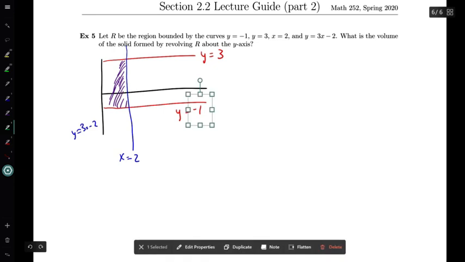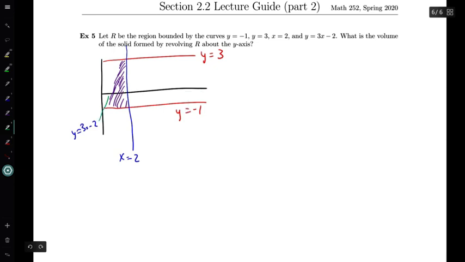So this means that my washers are going to be, I should make this a different color here. Let's make it green. So that's y equals 3x minus 2. The washers that I'm looking at here are going to be disks whose outer radius is blue, formed by that line x equals 2, and whose inner radius is green, formed by that line y equals 3x minus 2.